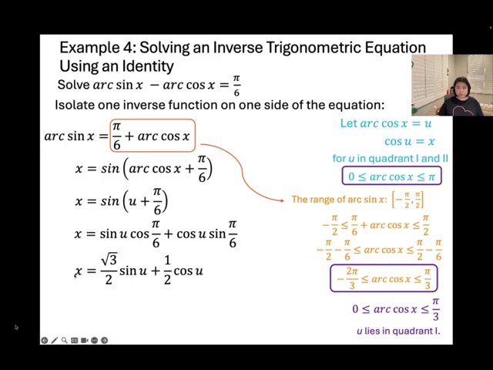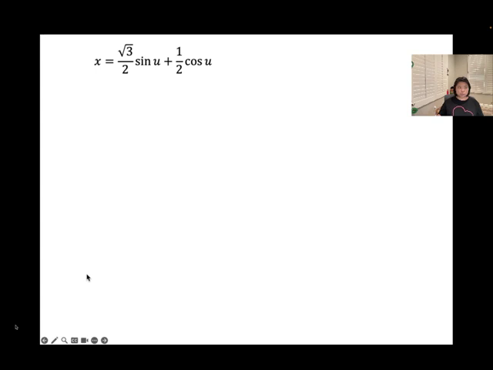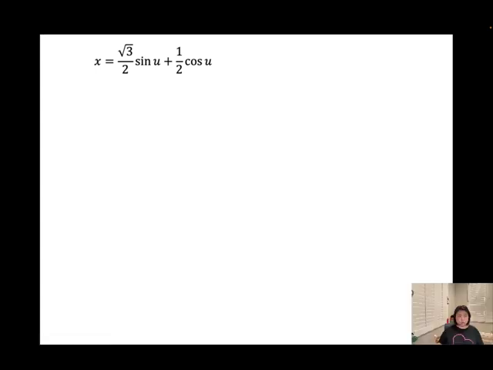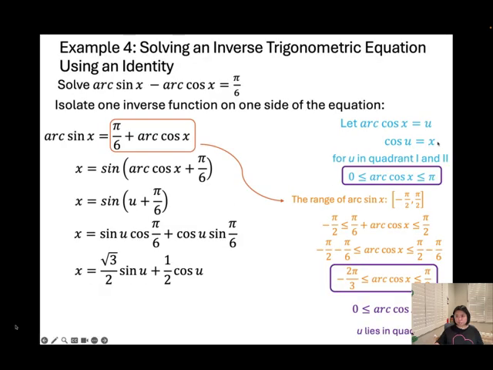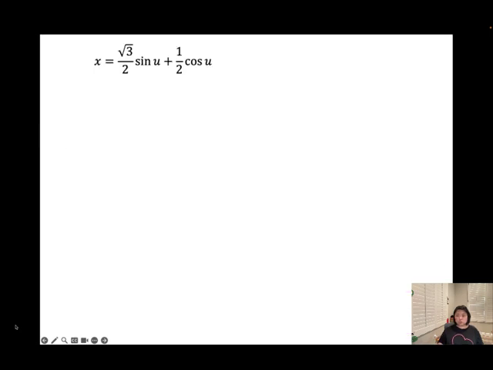Okay, we are not done yet. We are taking care of this one. Okay, keep going. So cosine u equal to x, that is from here, and we know that u will be in quadrant 1. So we sketch the triangle in quadrant 1.